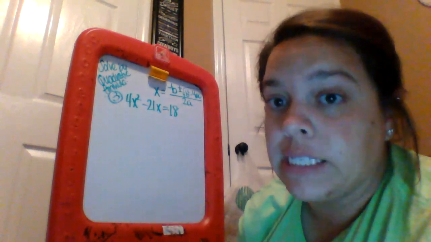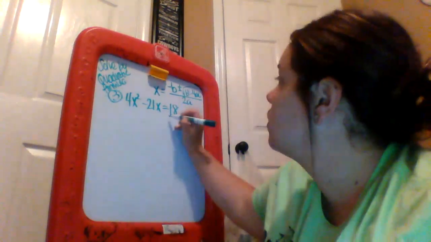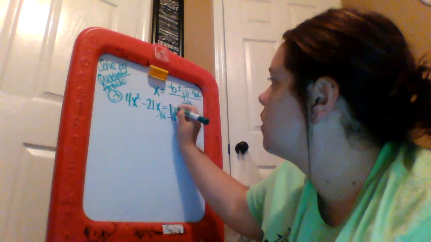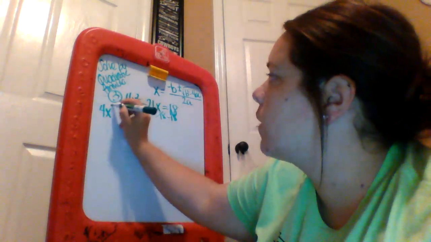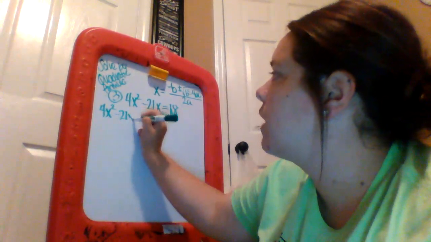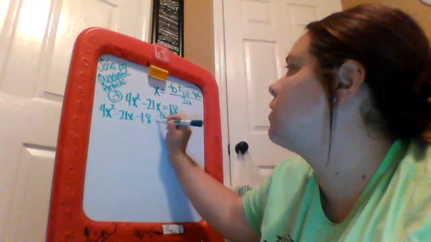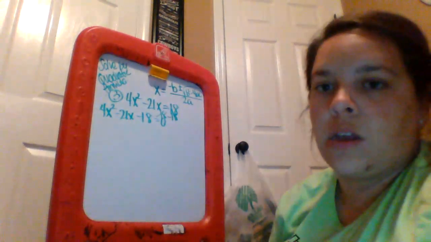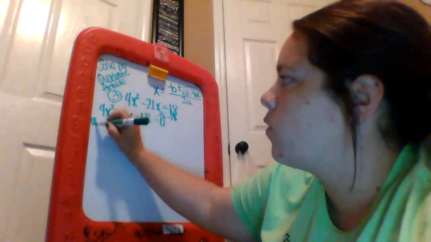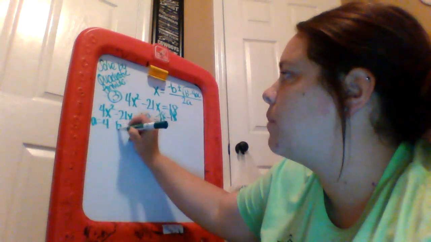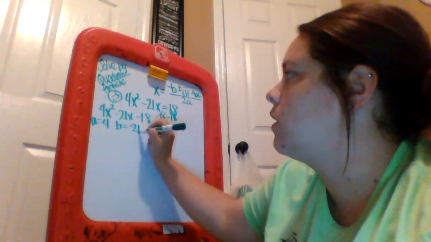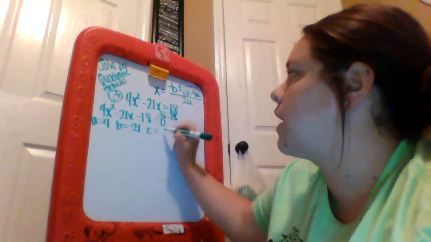This one is equal to 18, so we're going to subtract it over. So that's going to be 4x squared minus 21x minus 18 equals 0. All right, so that means my a is 4, my b is negative 21, and my c is negative 18.